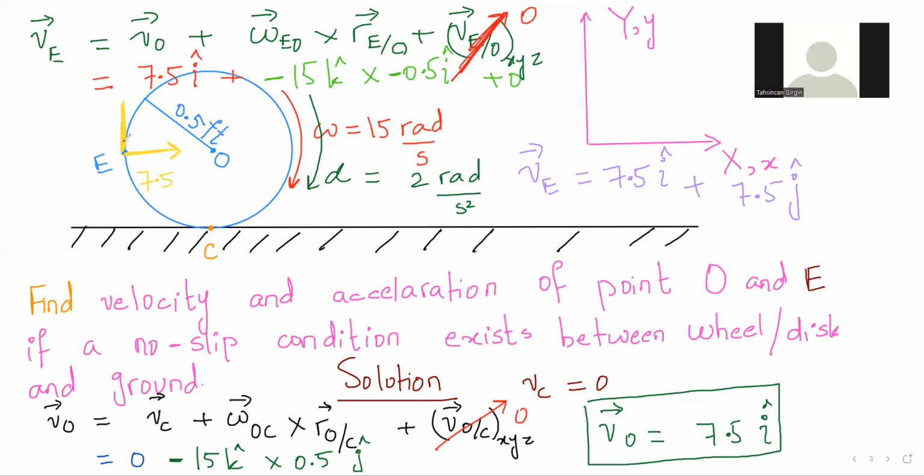Correct? Okay, makes sense. So what is the resultant? It goes like, boom. The point is going in this direction. Okay, seems correct. Is this fine?